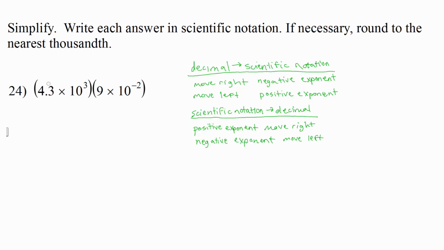So we're going to do the same thing here, just with different numbers. So 4.3 times 9. We may need to do this old school style, where we line everything up to make sure we're right. There's only 1 decimal, so this starts off as 38.7 times 10 to the, we do 3 plus negative 2, which is 1.